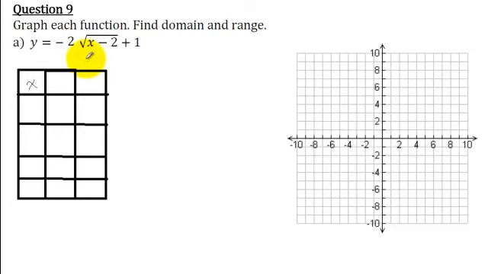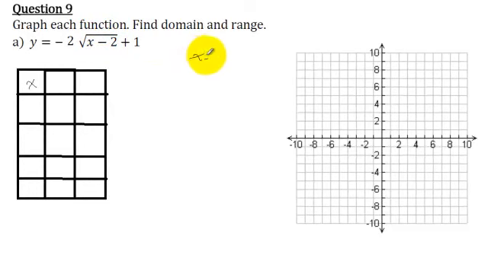Now, remember too, there are steps or basic points. We all agreed about that when we studied this chapter. We can start by taking any general points that belong to the domain. Like we have x minus 2 under the radical, so x minus 2 should be greater than or equal to 0, which means x should be greater than or equal to 2.